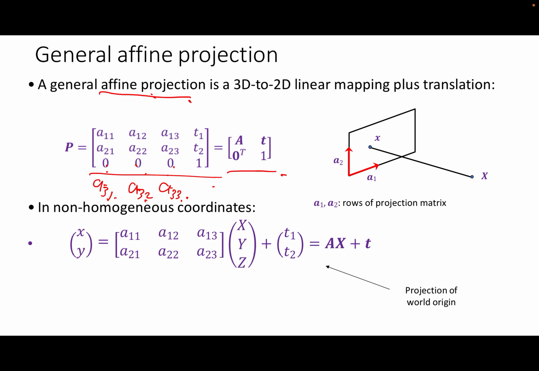And in non-homogeneous coordinates, we can decompose this into a matrix multiplication and a summation, a multiplication by the affine transformation matrix plus a translation. This just shows an example of affine projection.